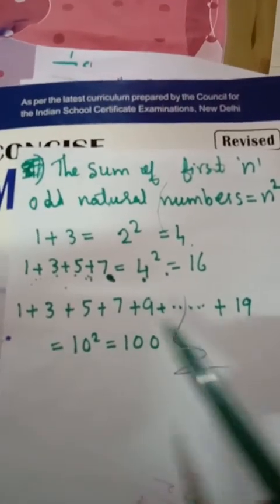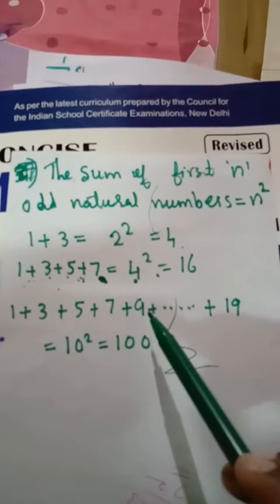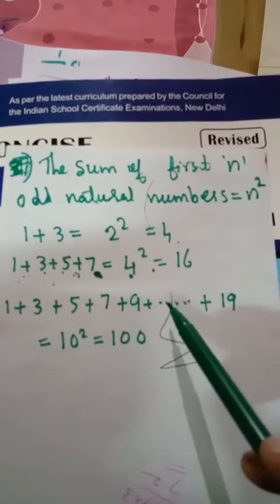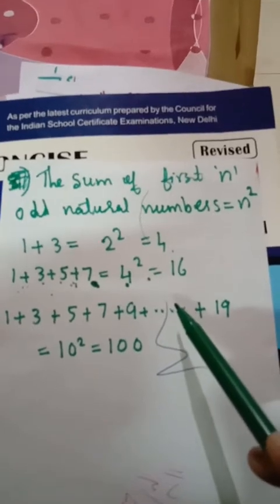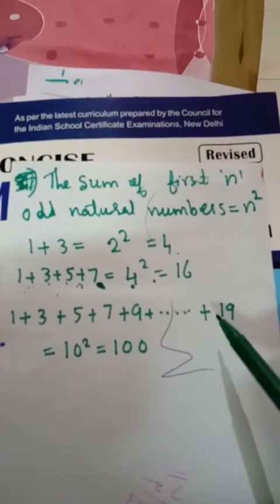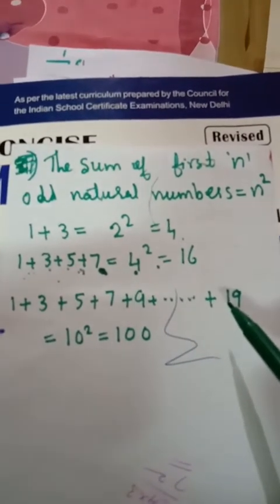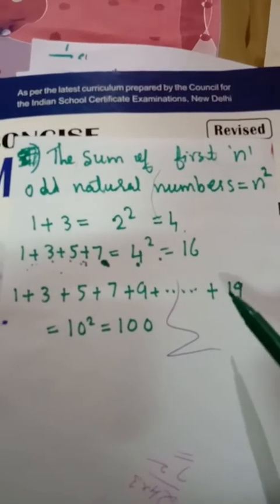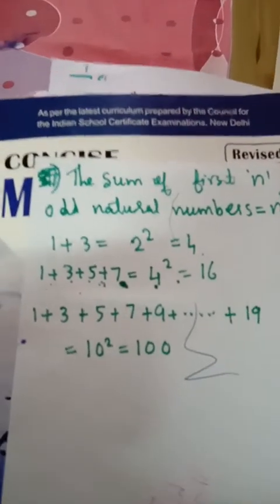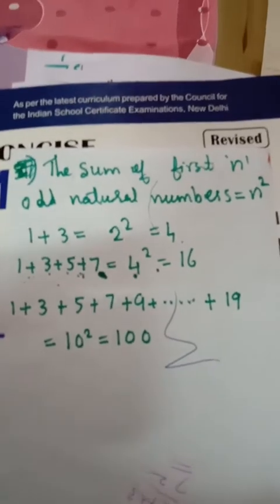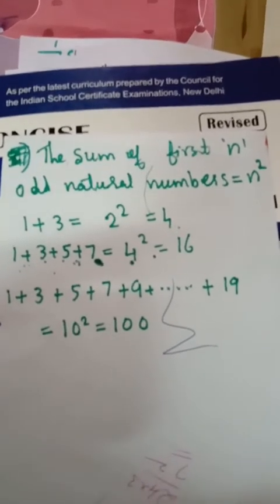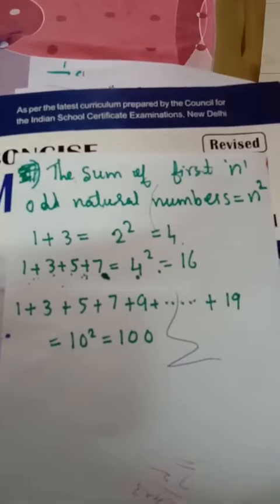Here how many numbers are there? 1, 2, 3, 4, 5, then after 9, next 11, 13, 15, 17, 19. Total 10 odd numbers are there. So the answer is 10 square, 100. Its sum is 100. So the sum of first n odd natural numbers is equal to n square.